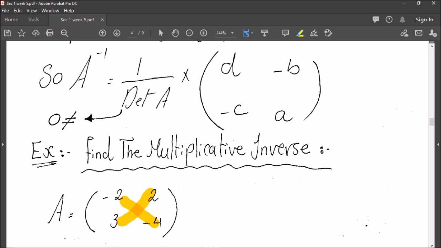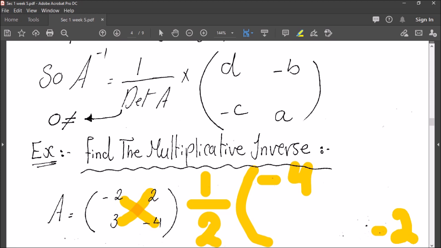So our determinant will equal 2. So the multiplicative inverse of A is 1 over 2 multiplied by our new matrix. We will replace negative 4 with negative 2, so negative 4 will be here and negative 2 will be here, and change the sign of 2 and 3. 2 is positive, so it becomes negative 2. 3 is also positive, so it becomes negative 3.